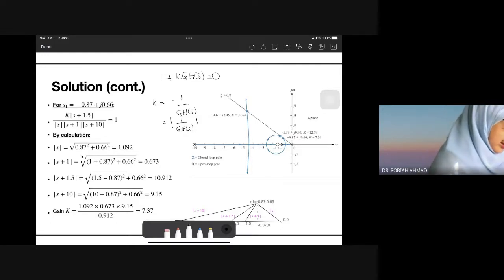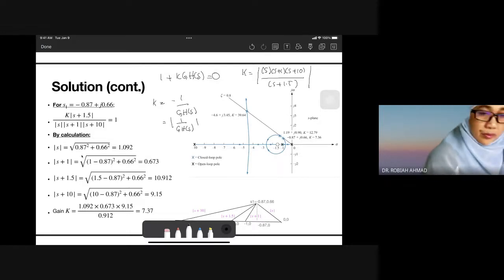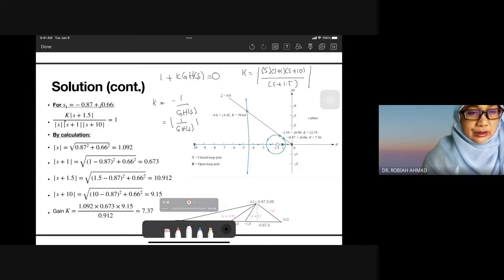In our case, K will be 1 over S, S plus 1, S plus 10, and we have zeros, so S plus 1.5. So this is K, with the zero and the 3 poles.